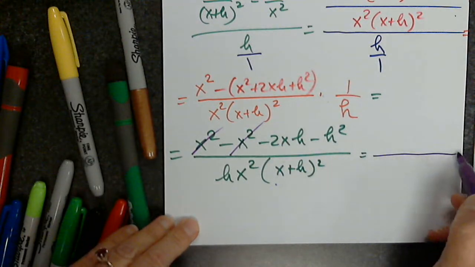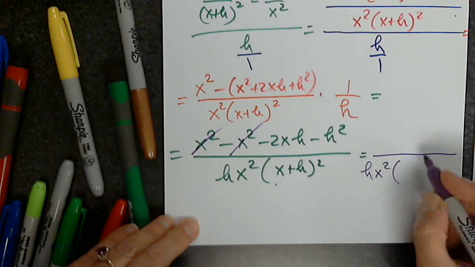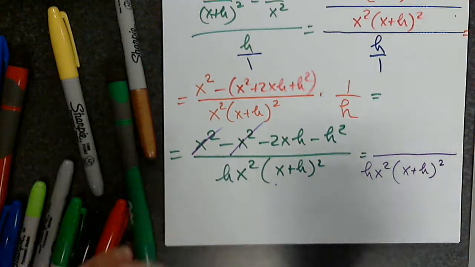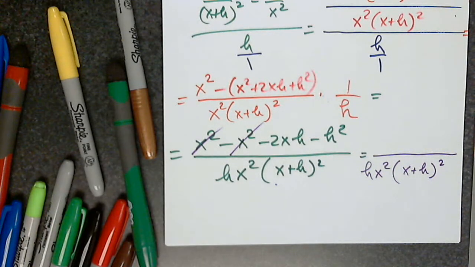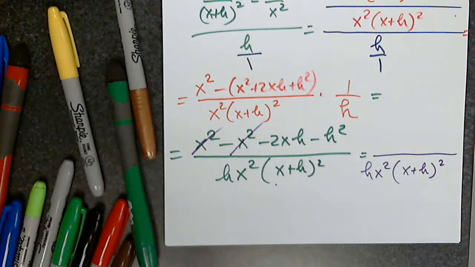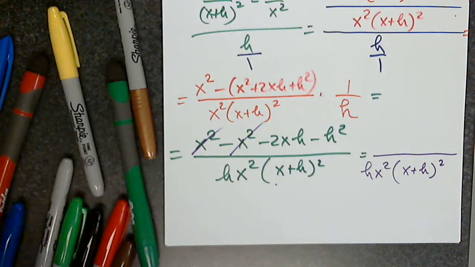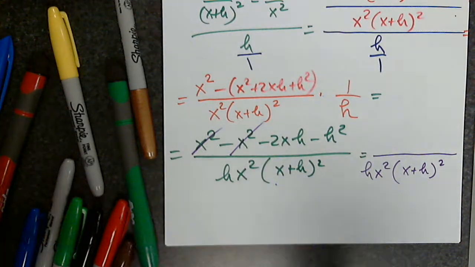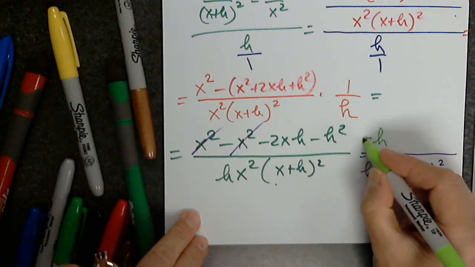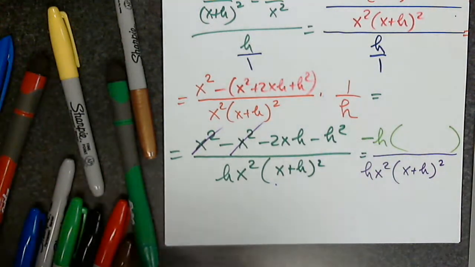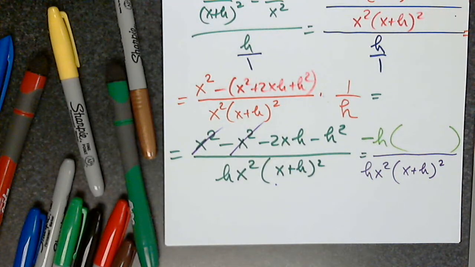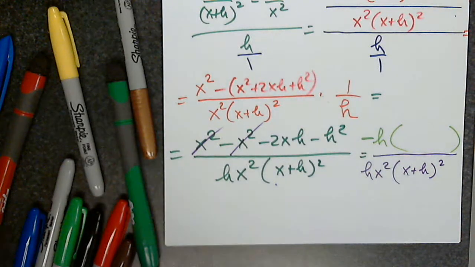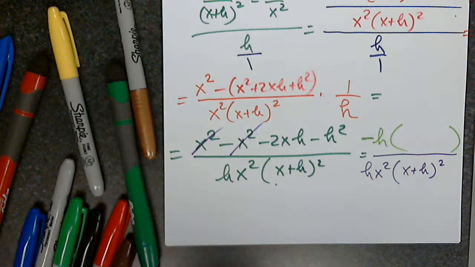Okay. And now I see that the two terms left in the numerator have a common factor. What is that common factor that I will have to pull out? Indeed. But I also like the negative too, because every time all terms have a negative coefficient, I will factor out -1.